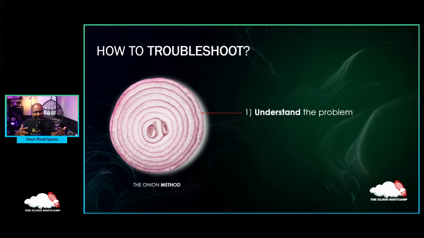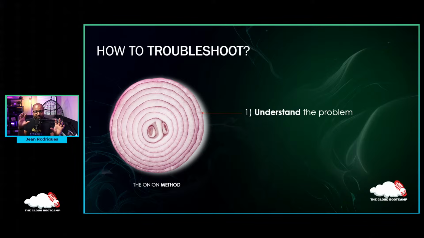Because, you know, when I was working in projects and all of that, and looking at my peers, sometimes I realized that they were not able to understand the problem in a high level. And this might sound silly, but this is actually the most important step in a troubleshooting exercise.